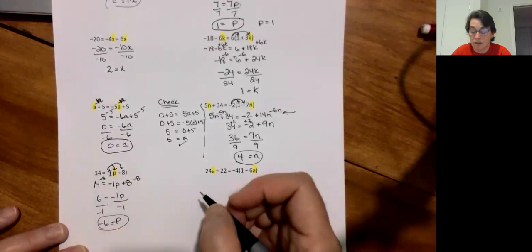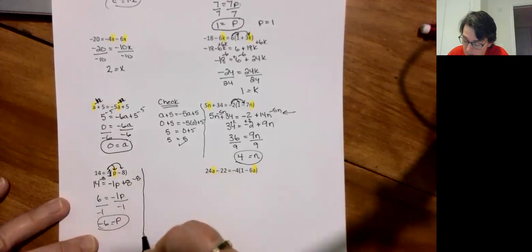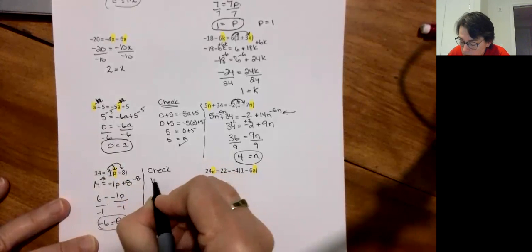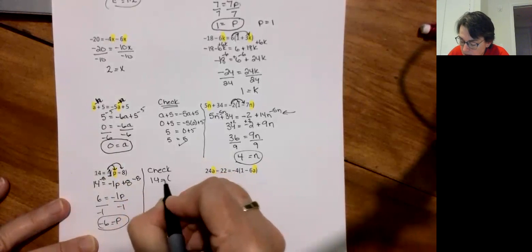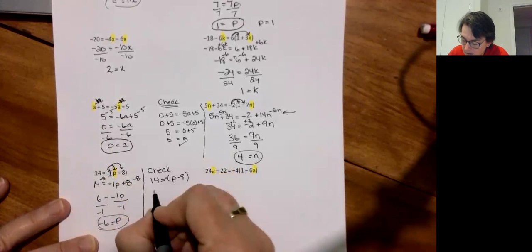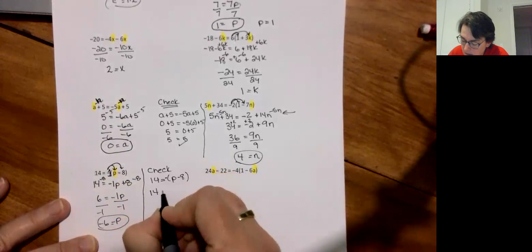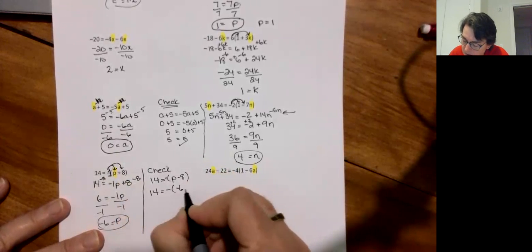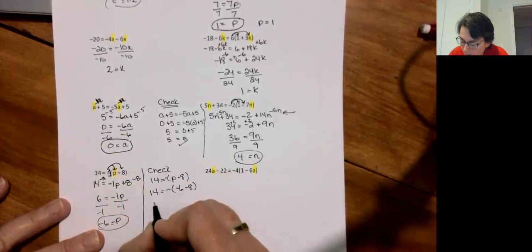That was a weird question. You know what that means. We're going to do a check. 14 minus, equals minus p minus 8. 14 is equal to minus, now I'm going to substitute in my -6, minus 8.